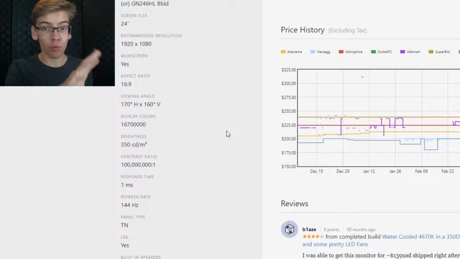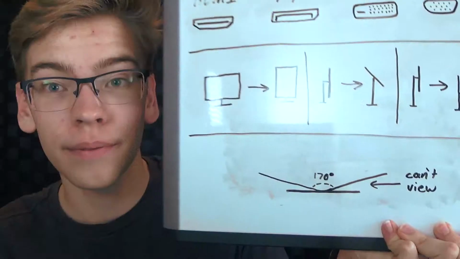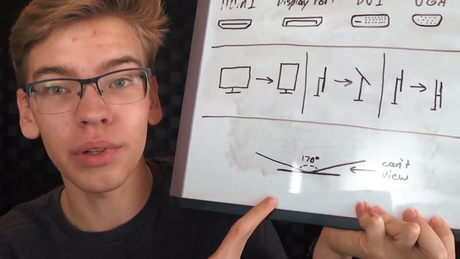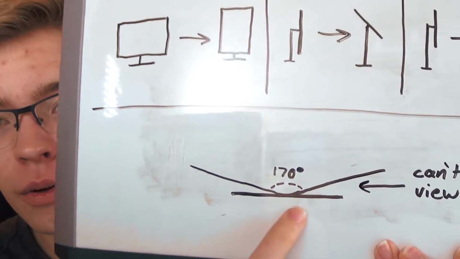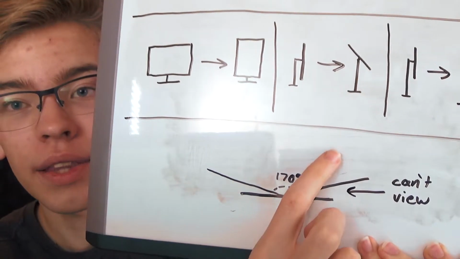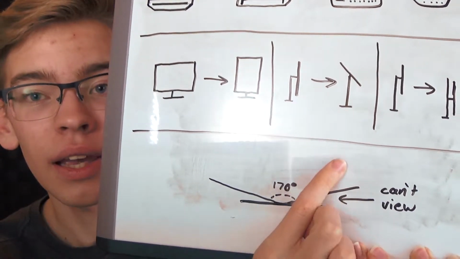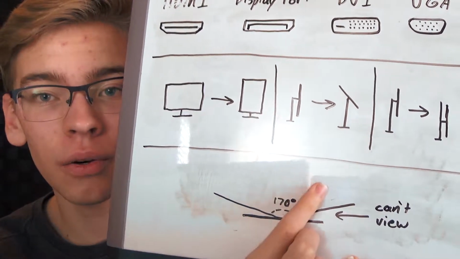If we go to a random monitor right here, you can see there's a viewing angle, and H is the horizontal and V is the vertical. If you look at my last example here, you can see that here's your monitor down here, and then there's this angle that you can view everything on the screen perfectly at this entire angle right here.